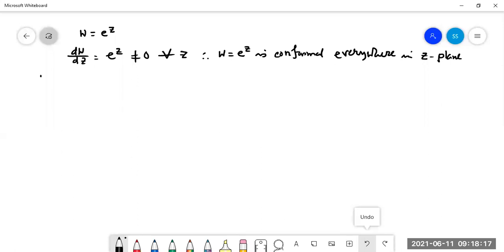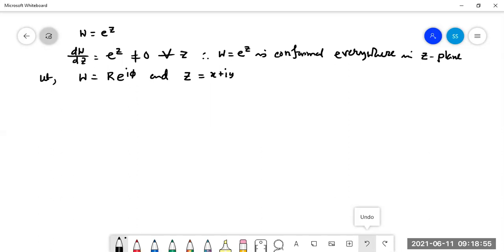So let us consider that w equal to r e to the power i phi, taking the polar coordinate, and for z, already for the z plane e to the power z is given, and w is taken in polar form, so we take z equal to x plus iy. Is it clear why one part is taken as polar and another as Cartesian? Because on the right hand side e to the power z is already there, so we can make it e to the power x plus iy.